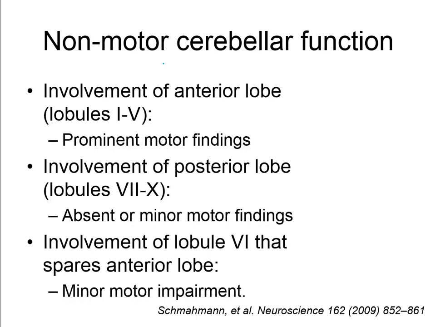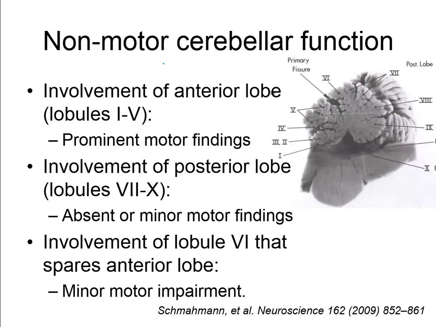If it is further back, lobules 7 through 10, you don't have much motor deficit, but you get the affective syndrome. And if you hit 7 with posterior, you get minor motor, but some motor. So lobule 6 seems to be the boundary. If you remember, I showed you before the primary fissure.